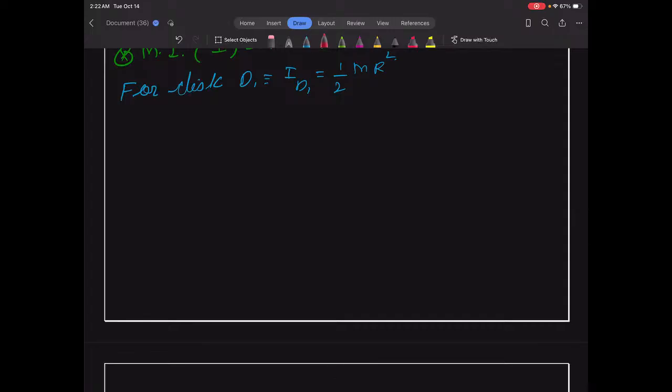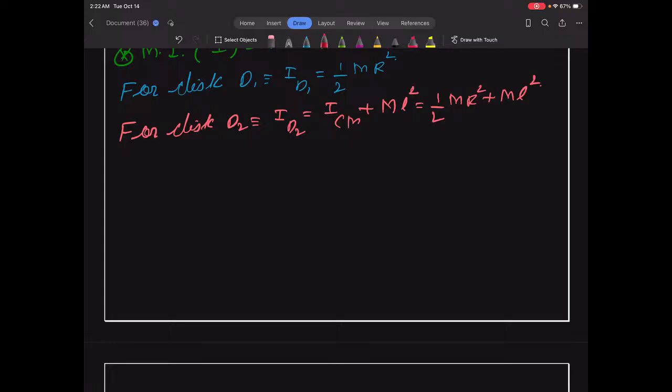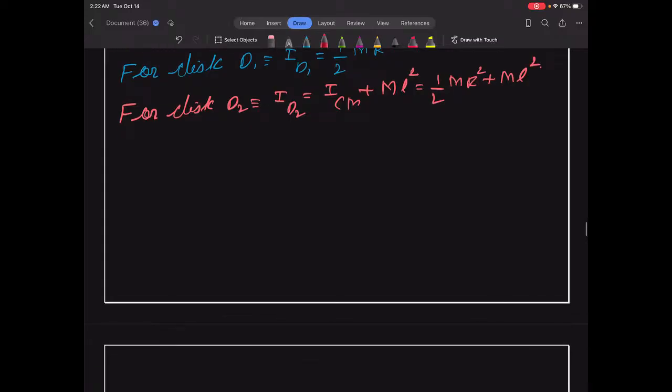For the lower disc, once again the formula will be the same. For disc D2, let us call this I_D2. First of all, we find it with respect to the center, and then we shift it by the distance, that is mass m and distance L square, and I_CM is half m r square. So I_D2 is half m r square plus m L square. So this is also going to remain the same.